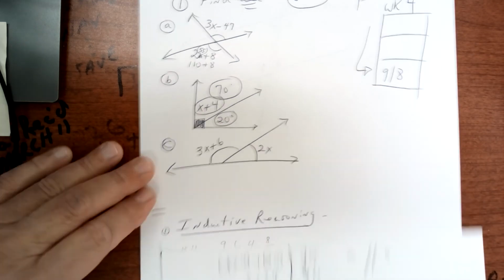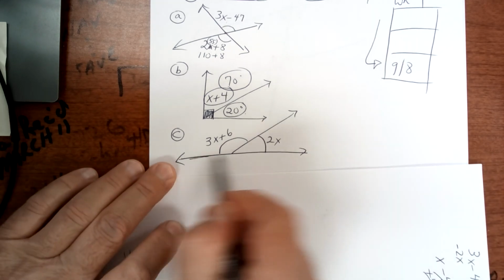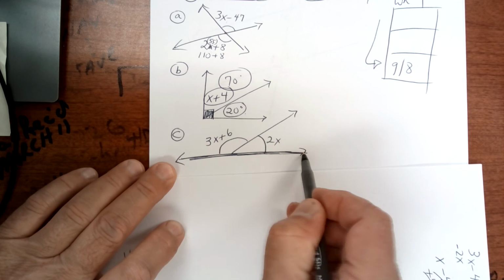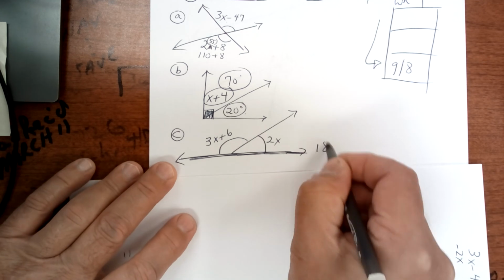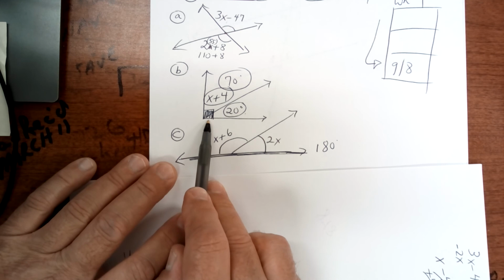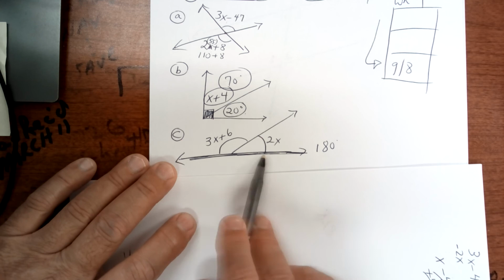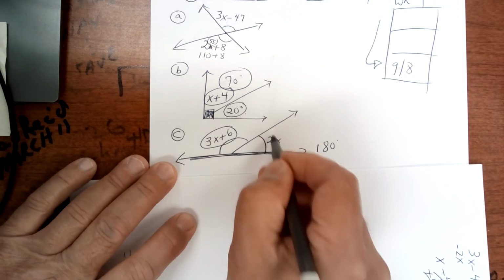This one right here is a line. Every line is half a circle, so that's 180 degrees, and that is supplementary. The other one was complementary. So that one there is complementary, if you said that, and this one is supplementary because it adds up to 180. So you're going to take this plus this. They're certainly not equal.